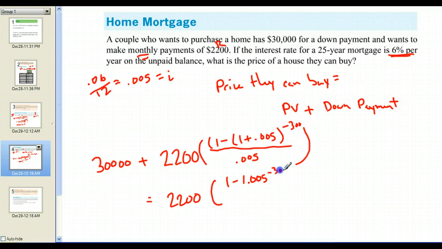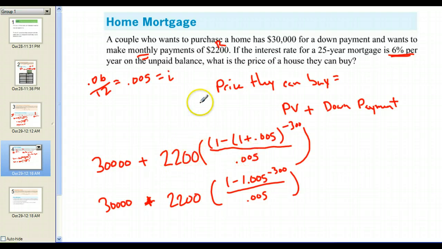Now, I want to explain where everything in this formula is coming from, so you know why I set it up this way. Oops, I forgot the 30,000. 30,000 plus. So up here, the 0.005, that's I in the formula. So there's the I again.